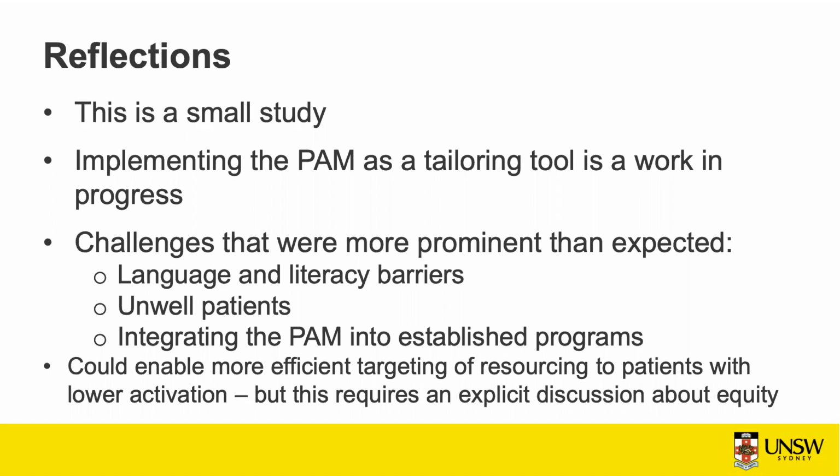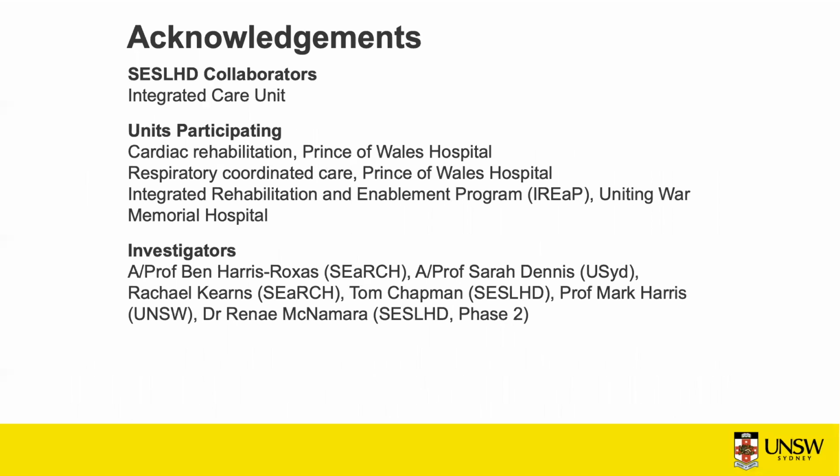Should you be working with the people with the lowest levels of activation, that stage 1, or is it better to think about stage 2 or 3? There's not an empirical basis for that. So we need to have a clear values and equity driven discussion about that. Where should we be investing our efforts, both as individuals and clinicians, but also services? That's not straightforward, and that's part of the challenge of the tailoring picture.